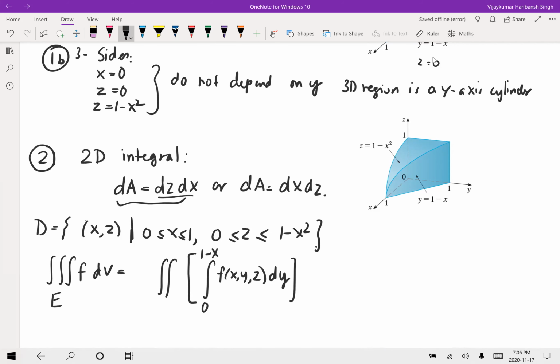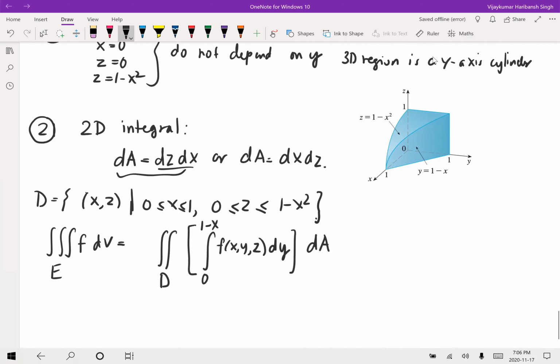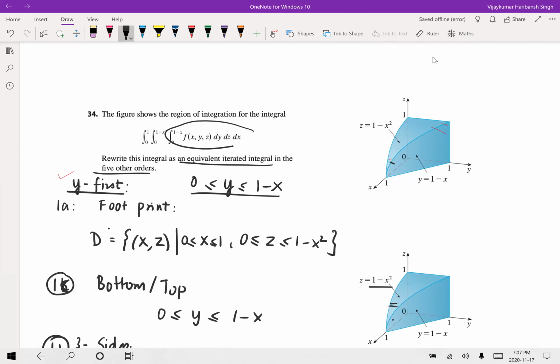Then a double integral over region D of dA, and we have already figured out what our D is. So it's a triple integral: 0 to 1 minus x for the inside f dy, then dz, and then dx. X changes from 0 to 1, z changes from 0 to 1 minus x squared. So this is your integral, y first, and this is the form which is already given to you, right?